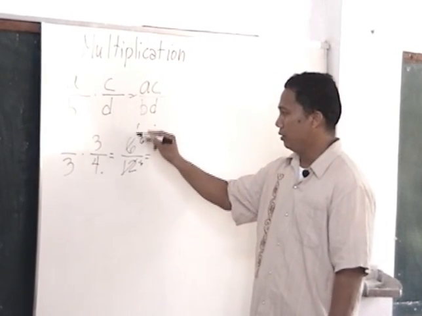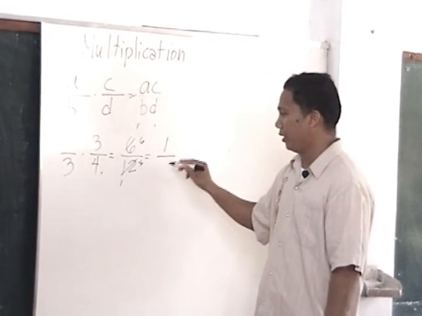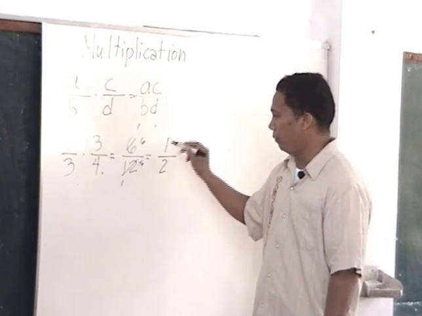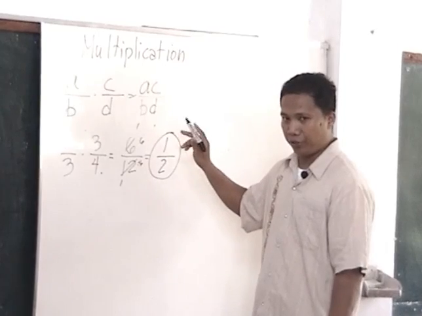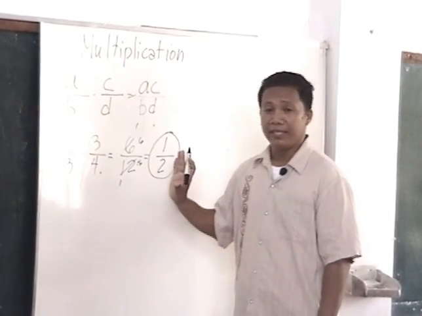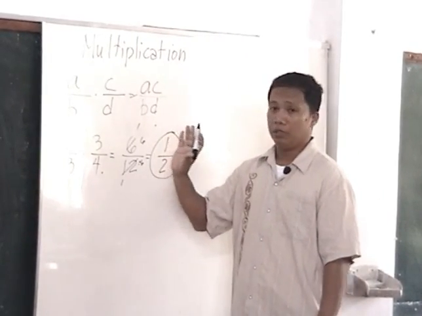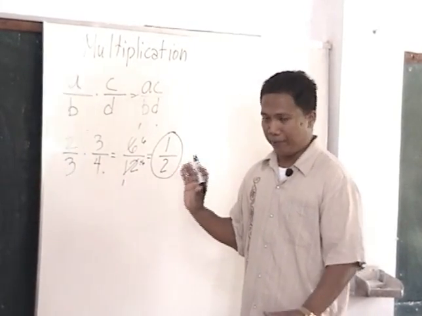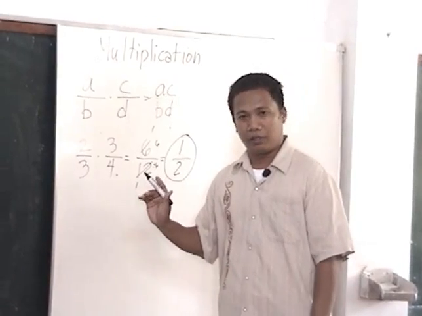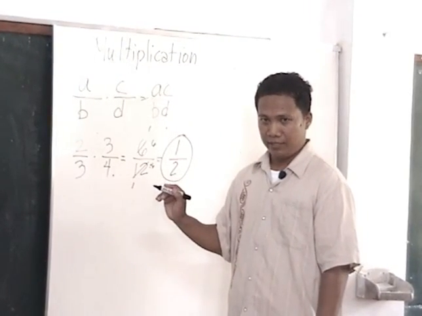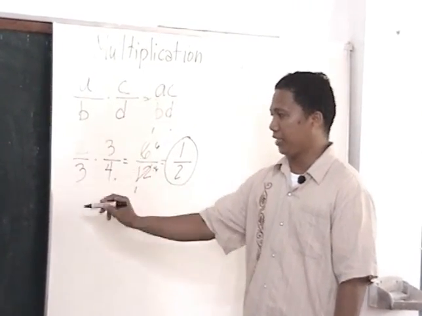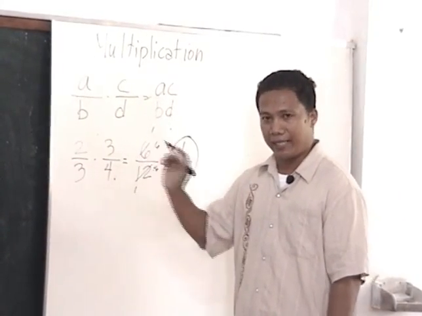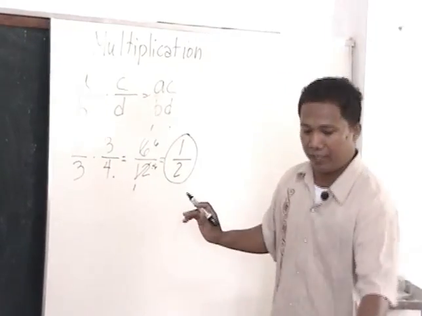We have 1 over 2. So the final answer will be 1/2. So that is based on the operations of fractions. And also, we are dealing with the cancellation process. Since we are having the first example as 2/3 and 3/4, we can readily cancel out the given values.